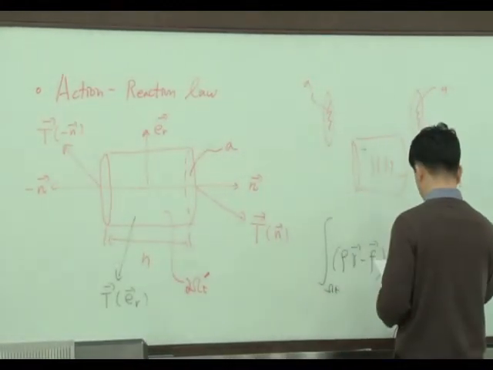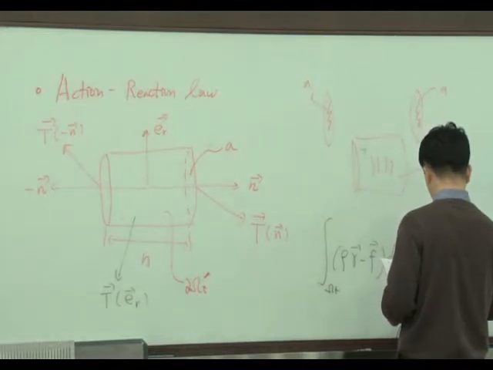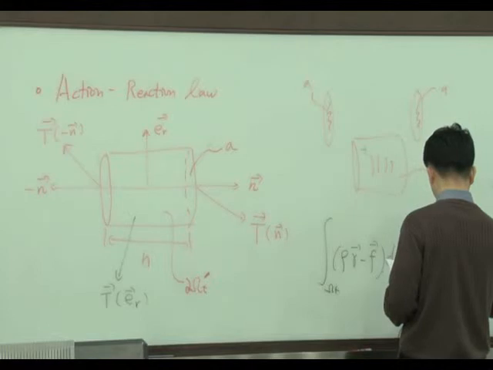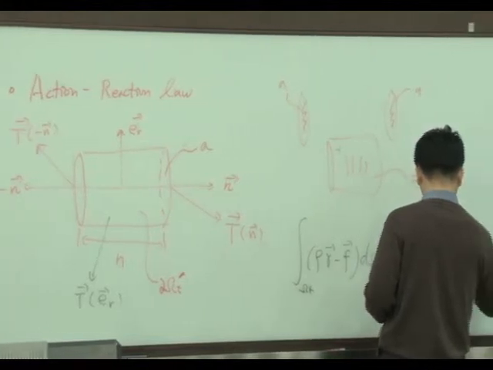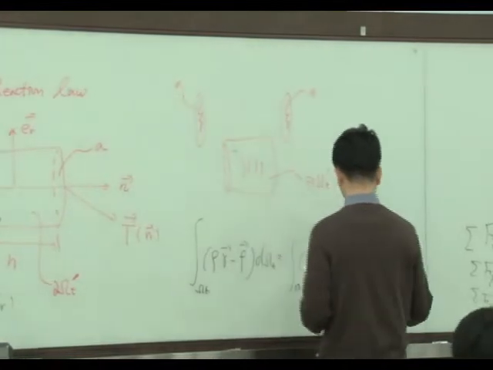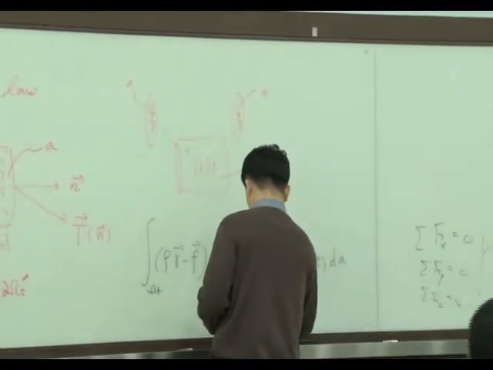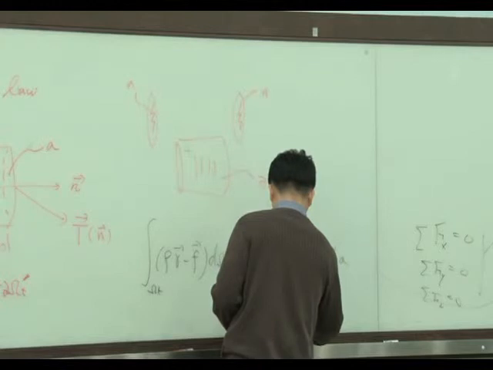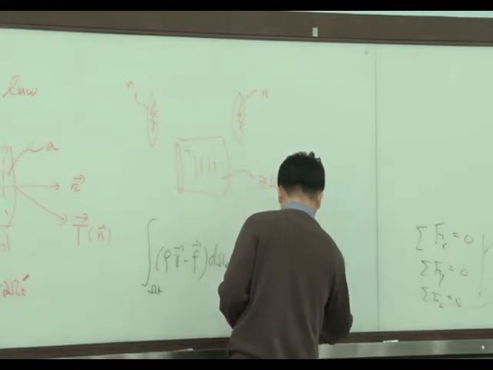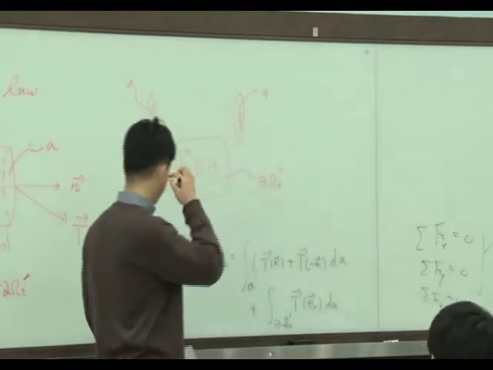So we have t(n) plus t(minus n) dA plus partial omega t t e_R dA, right?